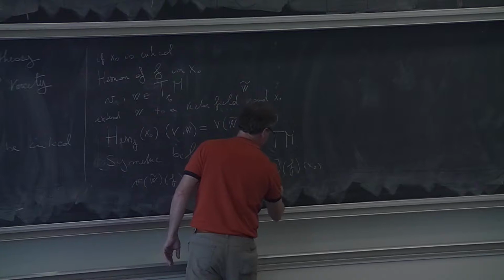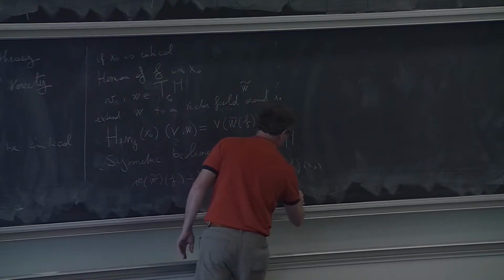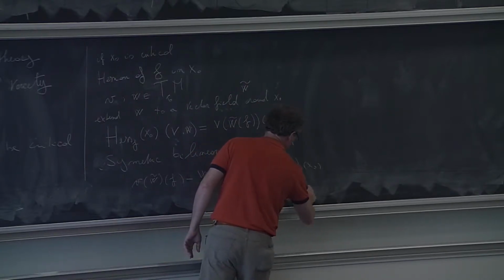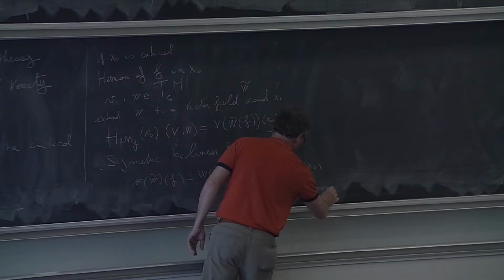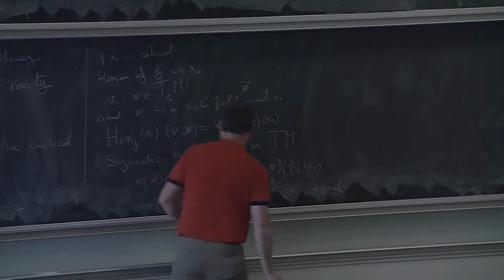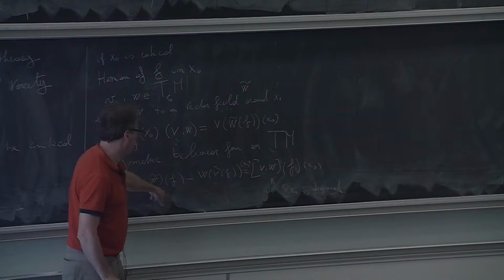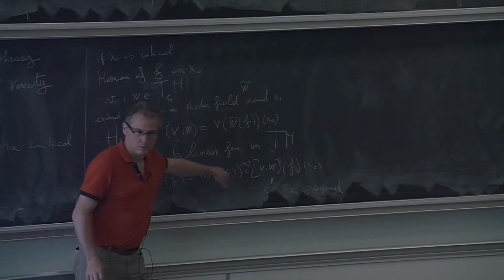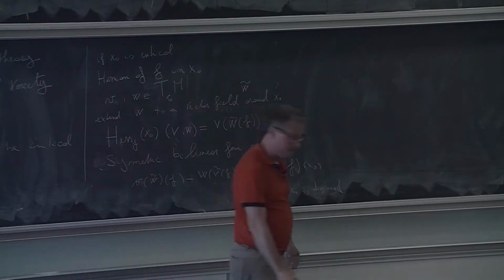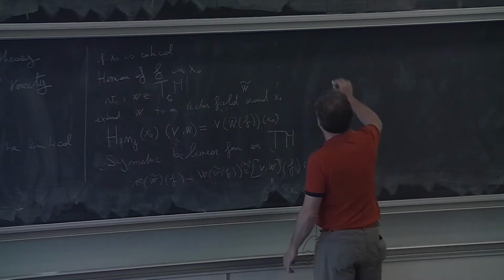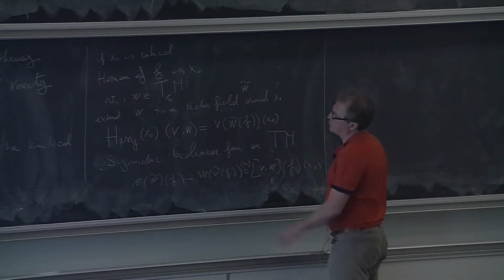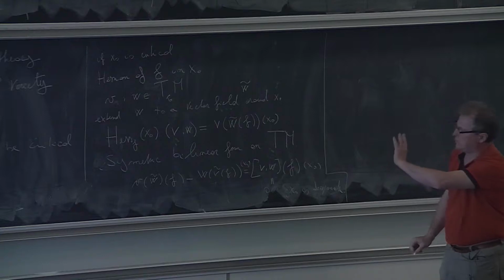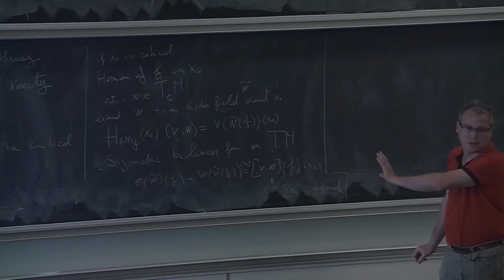And this is equal to 0 because x0 is critical. So you see that it's symmetric, because this is equal to this, since the other is 0. And I like to do the definition like this because this shows you that it doesn't depend on coordinates.